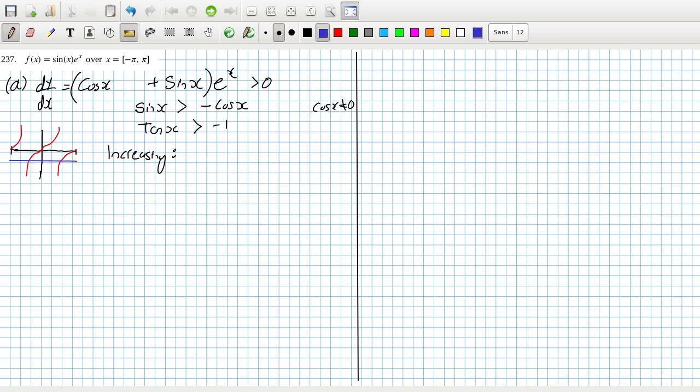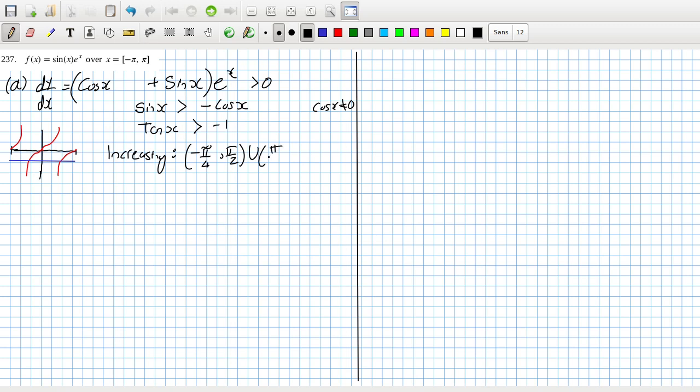So that would be from here, which is minus pi over 4, and then that's up to pi over 2.